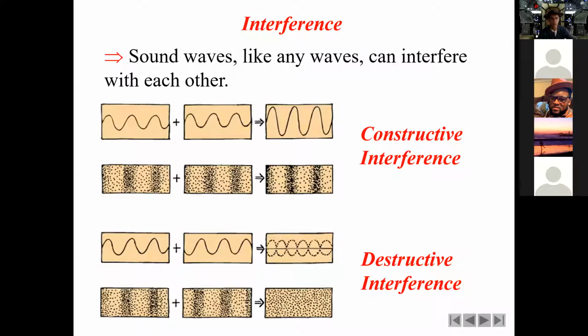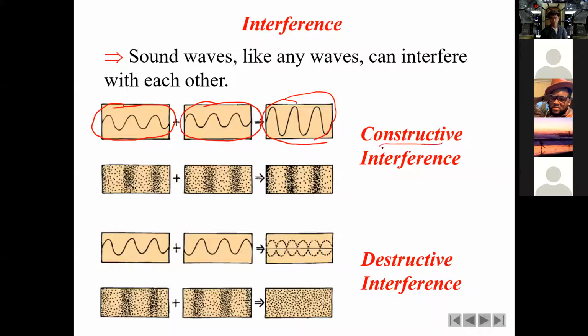Okay. Let's just quickly talk about interference, and then I want to talk about just two last things. So waves can interfere. We talked about that in chapter 19. If I have two waves that are at the same place at the same time and are identical, then these two waves interfere in such a way that they produce a wave that has a bigger amplitude.